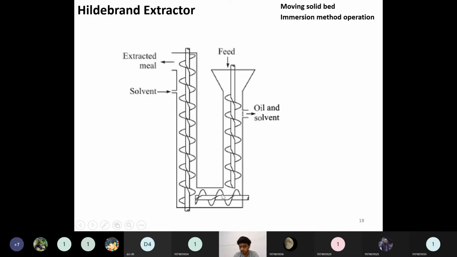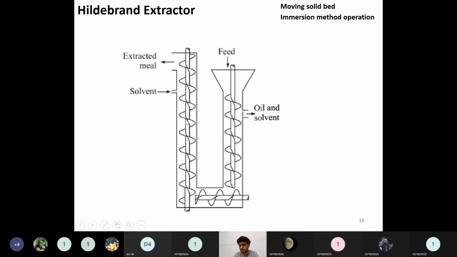As soon as the solvent reaches the maximum, the overflow solution gets outside. That solution is nothing but oil and solvent. The solids will be carried to the next section, and subsequently to the extracted meal output, which is nothing but spent solids, through the screw conveyor.